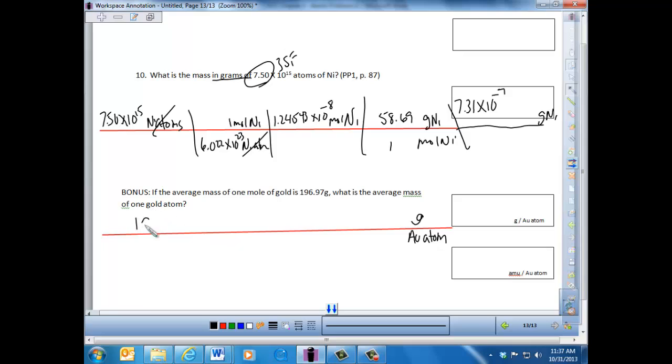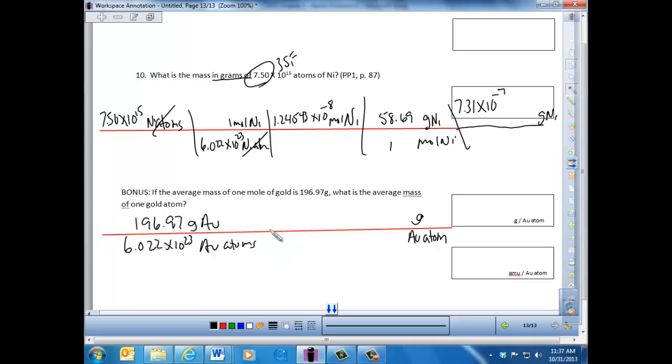Well, if it's a trick, it's a trick because you're given that information. The information on the periodic table tells you that you have 196.97 grams of gold per mole of gold, and 1 mole of gold equals 6.022 times 10 to the 23 gold atoms.